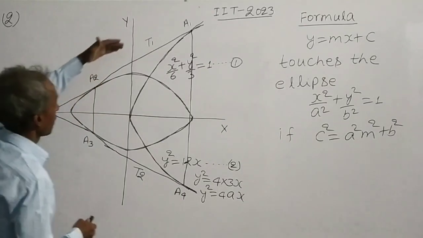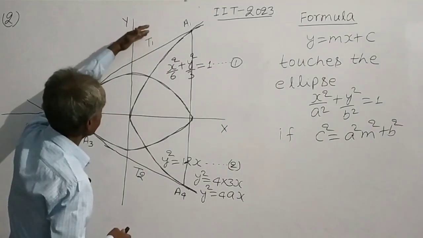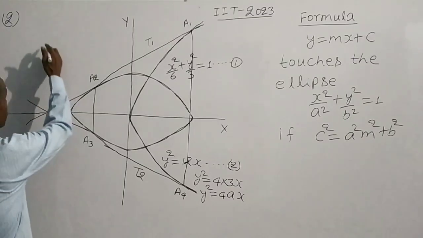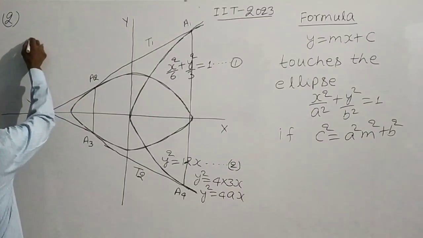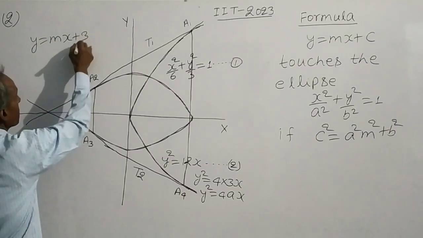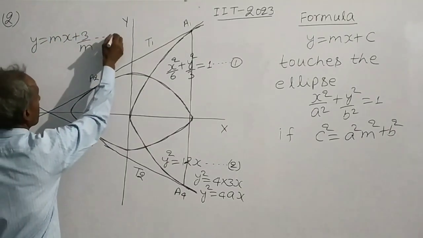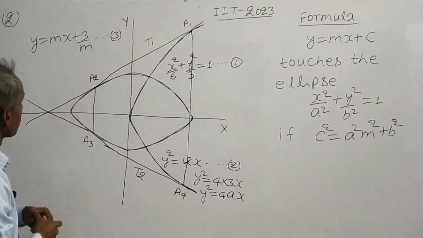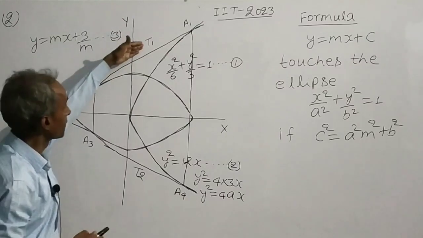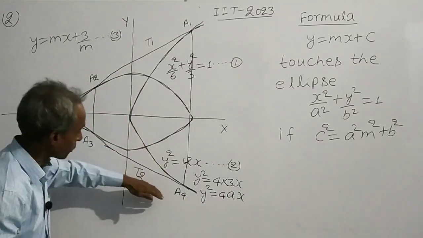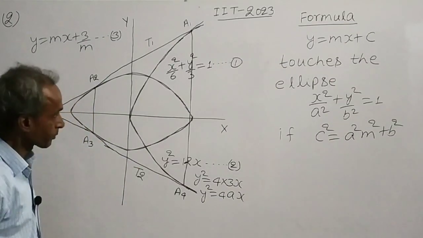Therefore, the equation of tangent T1 or tangent T2 can be written as y is equal to mx plus 3 by m. For some value of m, we get T1. For another value of m, we get T2.